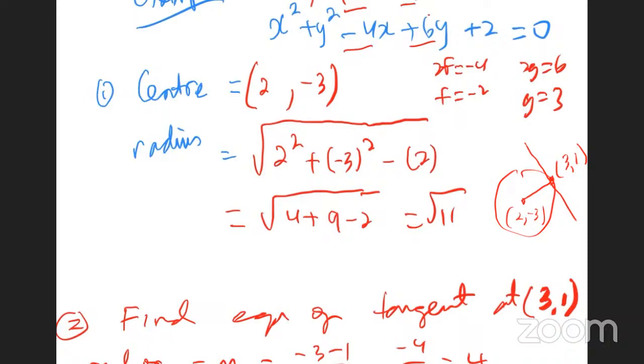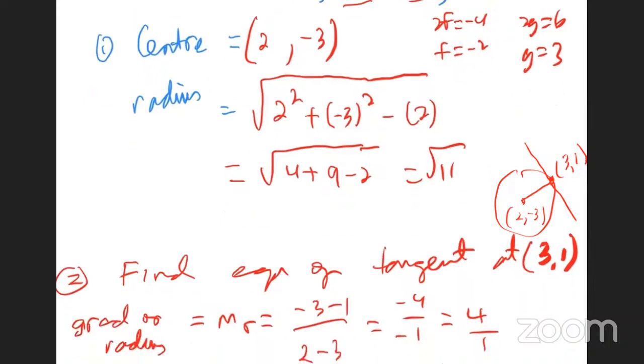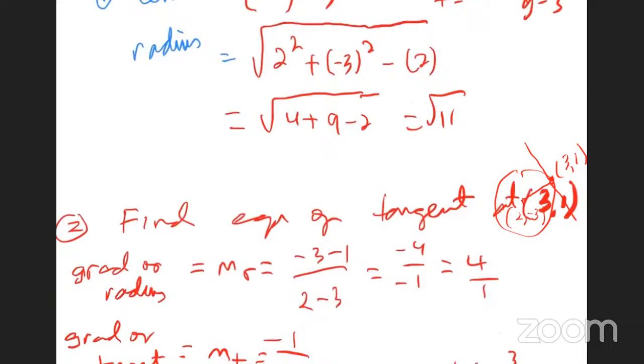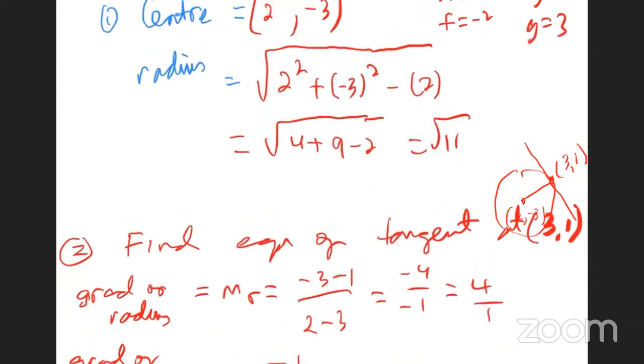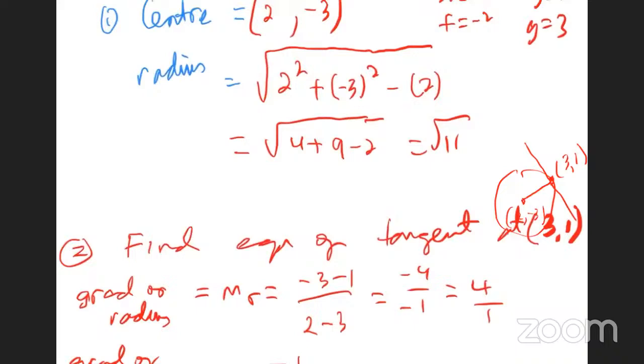All right, nice. So what did you all get for the gradient? Quarter. It wouldn't be minus a quarter. Minus a quarter. Yeah, the product has to be equal to -1, yeah.